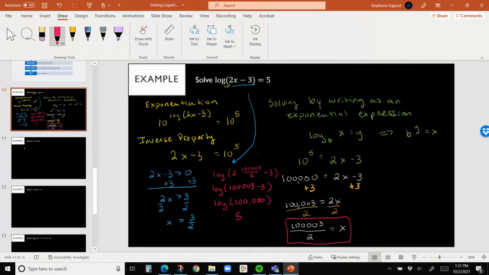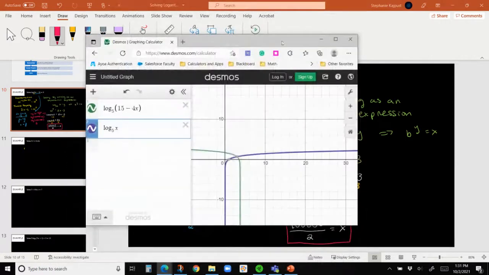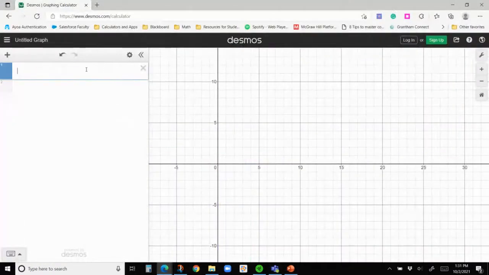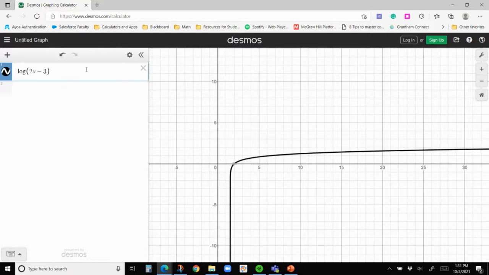If you were to check this in Desmos, you would have the left side, which is the log of 2x minus 3, and then the right side is just 5.